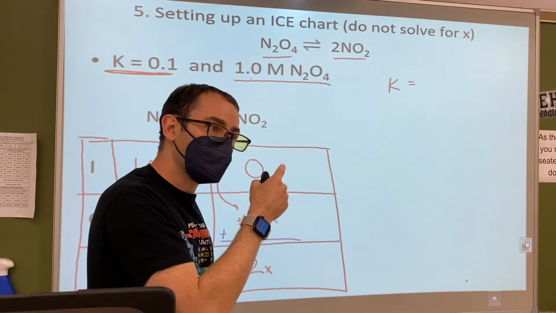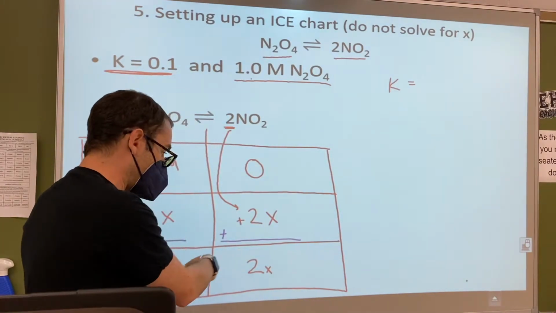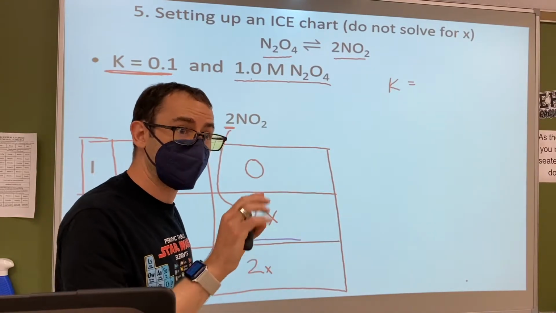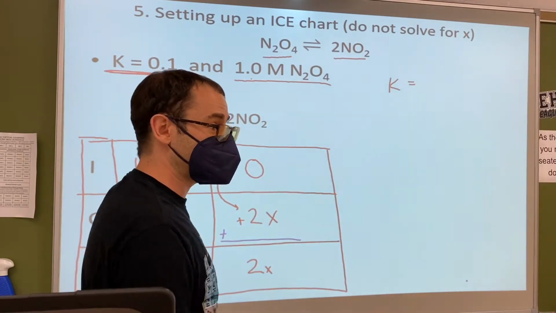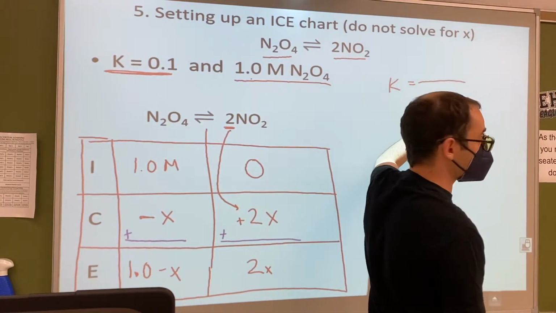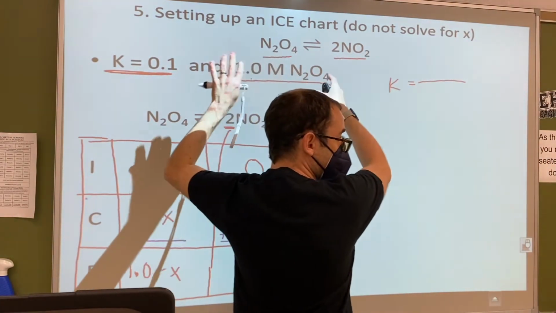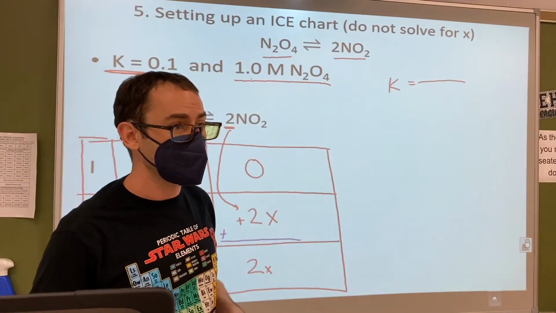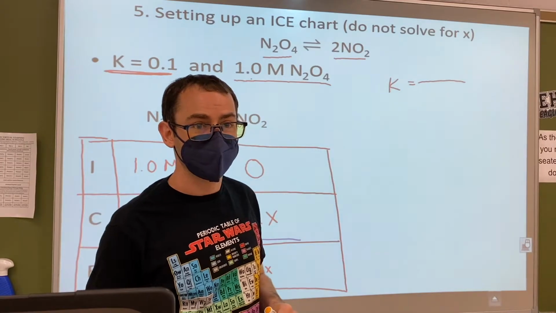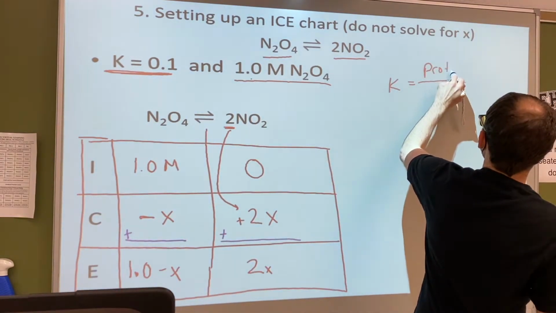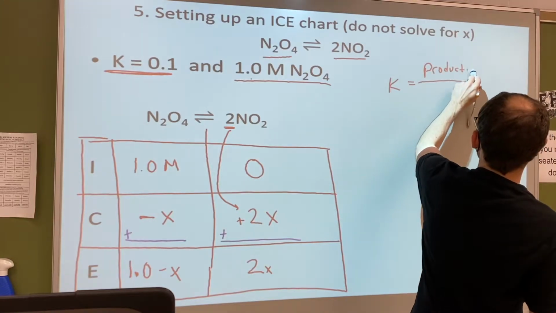If we know the 0.1 and we have X's, we can use that 0.1 to solve for X. Now, we're not going to solve for X in this one, but we're going to set it up. So what goes on the top, what goes on the bottom? As far as the equation goes, do you remember what always goes on top for any equation? Yeah, it's the products over the reactants.